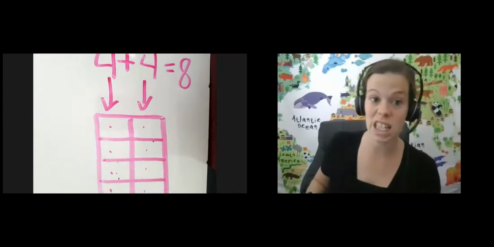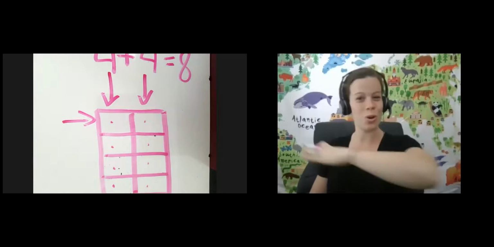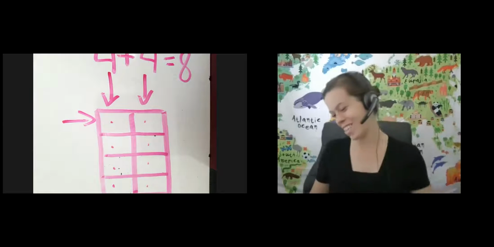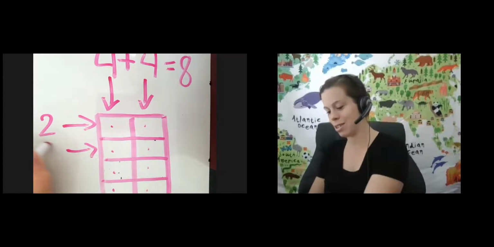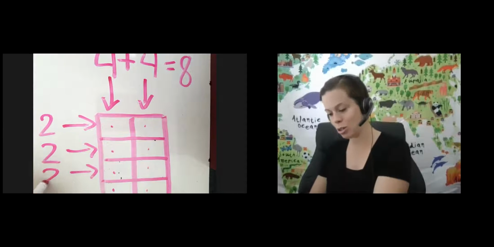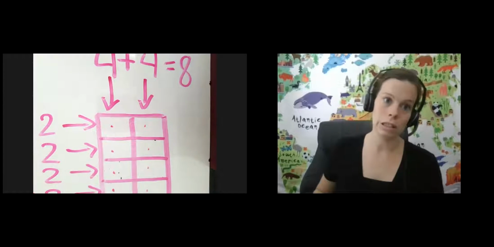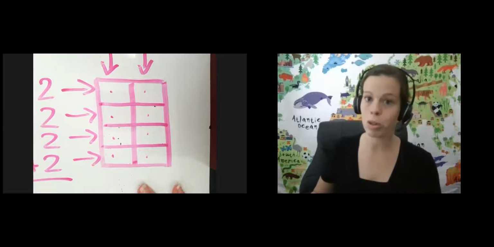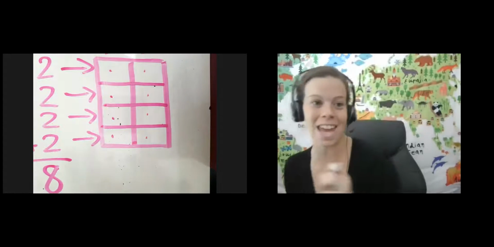That's the easiest way. But you could also add your rows, row, row your boat. So 2 plus 2 plus 2 plus 2 is 8. So the total number of squares is 8.